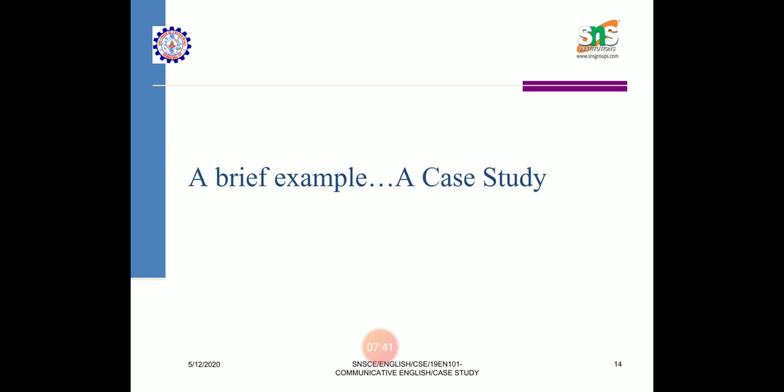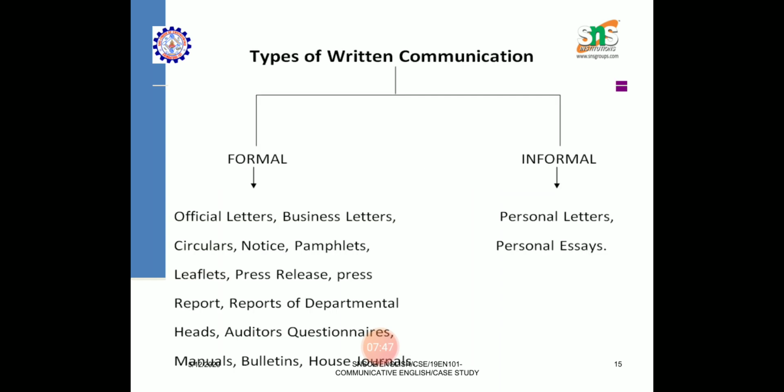Here is a small case study that I have taken as an example. Before going into the example, you should understand that there are two different kinds of communication: formal and informal.